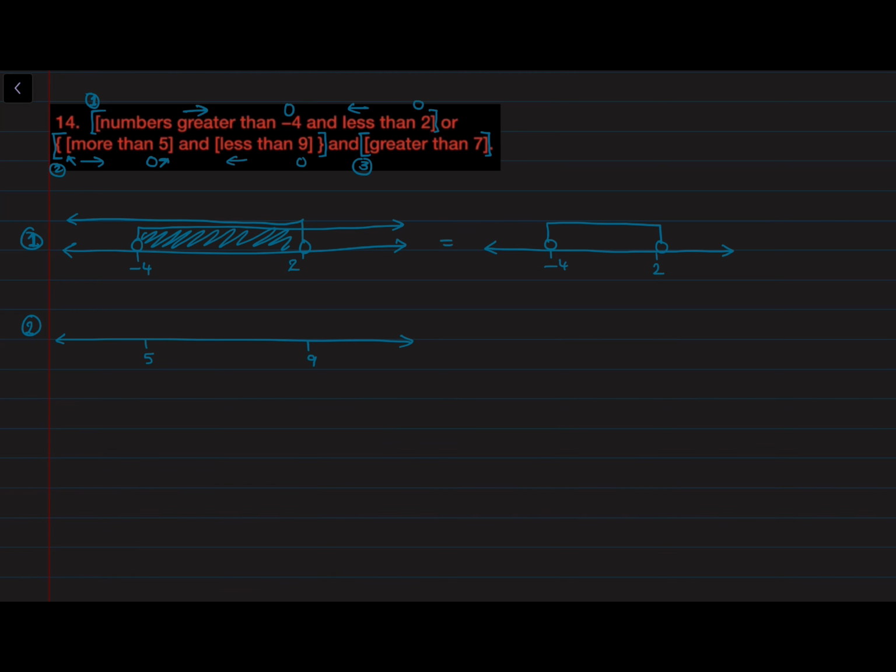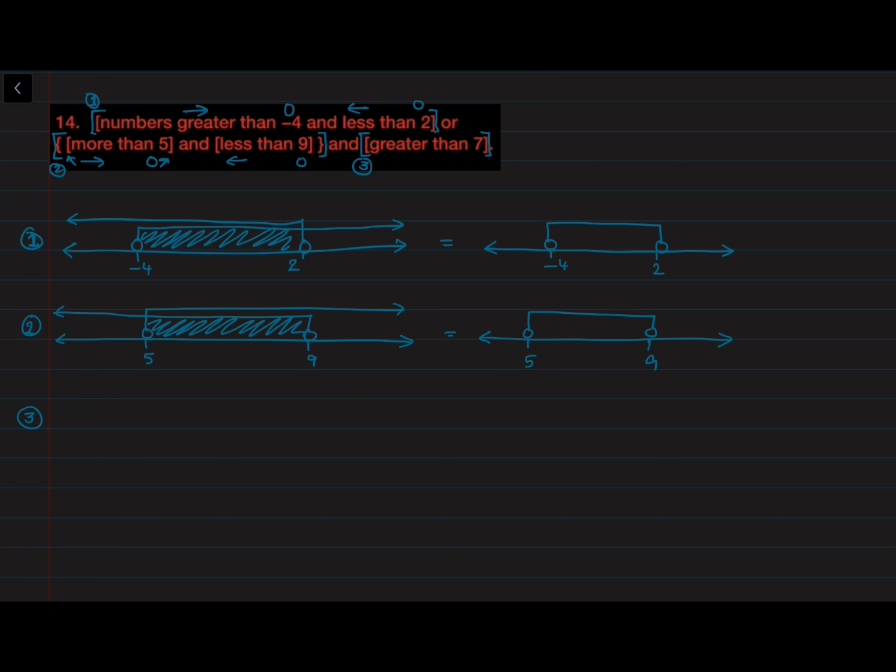We have 5 and 9. We're looking for numbers that are more than 5 and numbers that are less than 9. And there's an AND operator, so we're looking at the overlap. And finally, our interval is all the numbers from 5 to 9, where 5 and 9 are excluded.